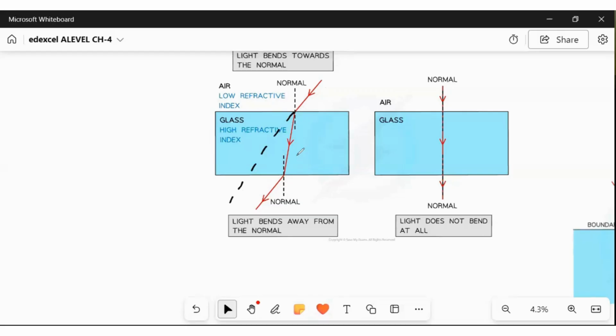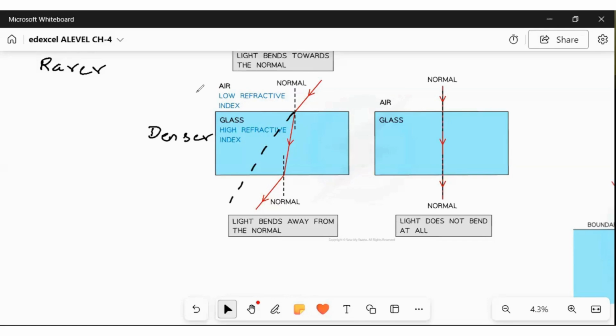Actually, we call this air medium the rarer medium. The medium other than air is called the denser medium. So when a ray of light travels from rarer to denser medium, what is happening?